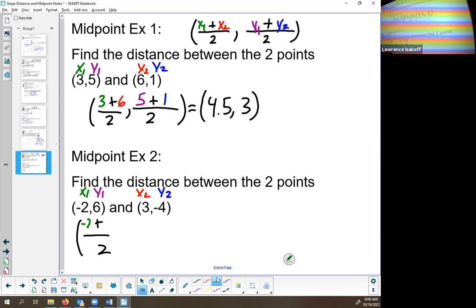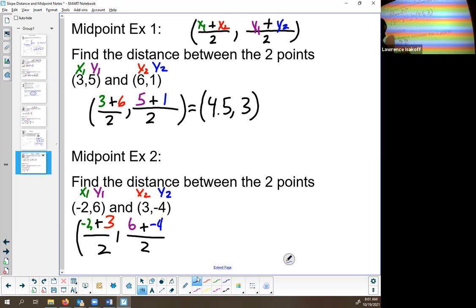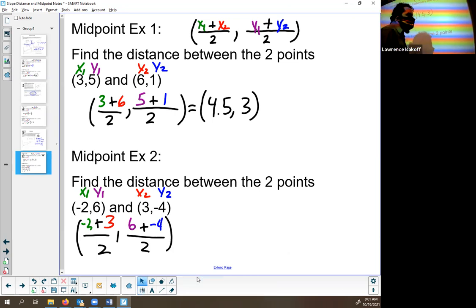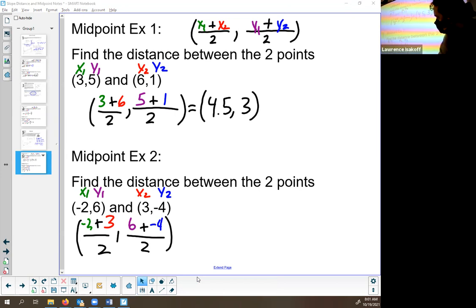My x1 value is -2. My x2 value is 3, comma, then y1 plus y2. That's going to be 6 plus a -4. Now it's a matter of just putting both into the calculator.